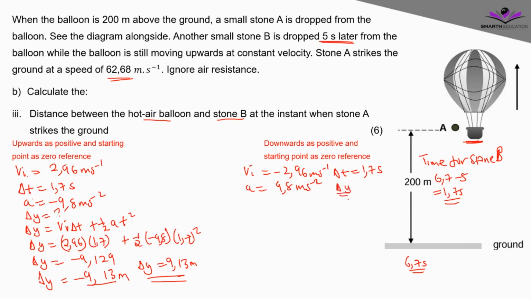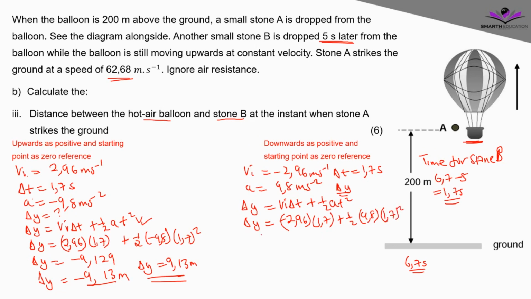Okay, so we just substitute into the same formula, this one, delta y is equal to initial velocity times time plus half a t squared. So displacement will be negative 2.96 times 1.7 plus 1 over 2 times 9.8 times 1.7 squared.